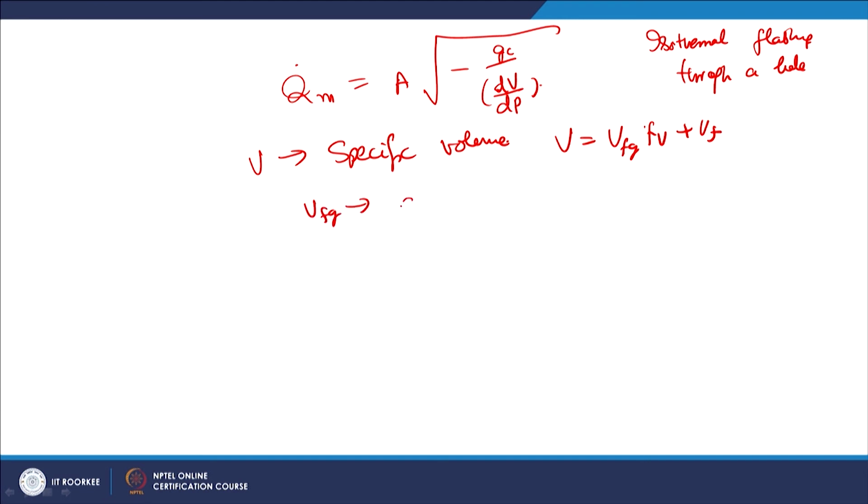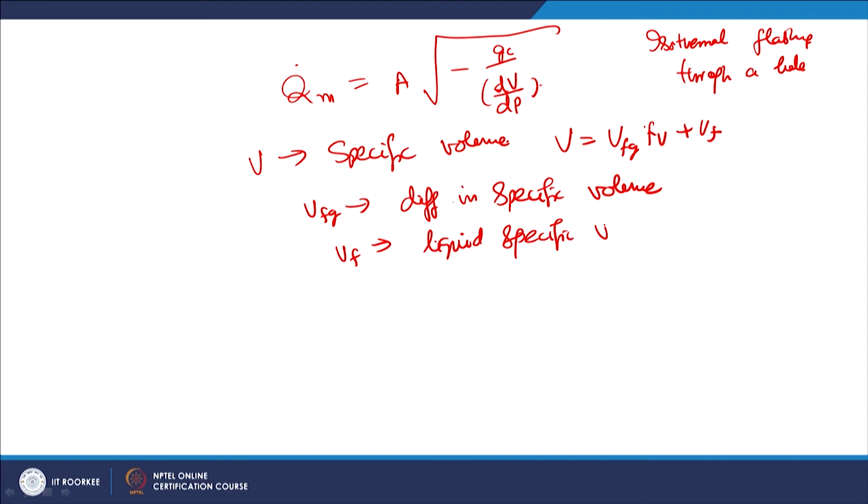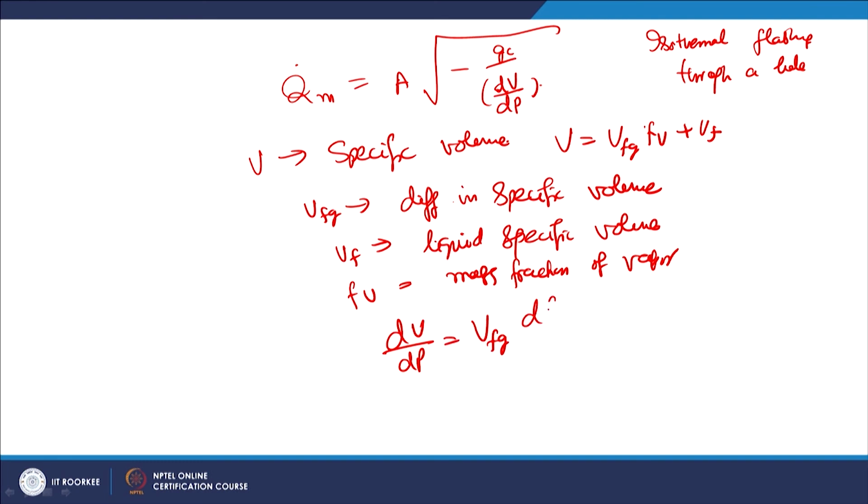VFG is the difference in specific volume, VF is the liquid specific volume, FV is the mass fraction of vapor. Now, if we differentiate with respect to pressure, then we will get dV over dP is equal to VFG dFV upon dP.